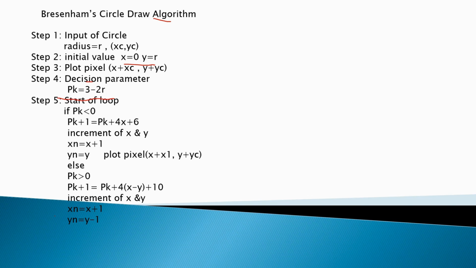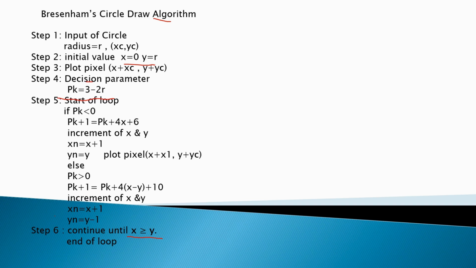When do we stop? The algorithm continues until x gets a greater value than y. If this condition is satisfied, your circle has been drawn. This condition means x is greater than or equal to y.